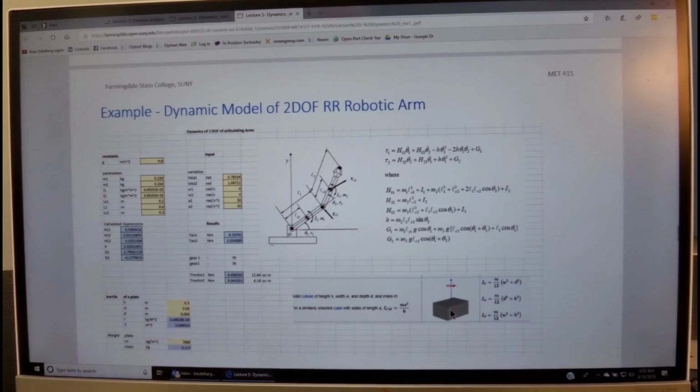For example, for a prismatic element, the moment of inertia along the principal axis is equal to the mass divided by 12, times the sum of the squares of the width and the depth of that element.